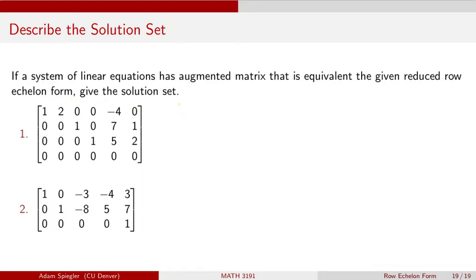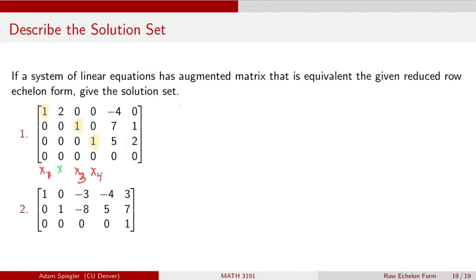You may want to verify this matrix is in reduced row echelon form. I'm highlighting each of the pivots, so we have 3 pivots in this case. Each of these pivots corresponds to a basic variable. So x1 is going to be a basic variable, x3 is going to be a basic variable, and x4 is going to be a basic variable.